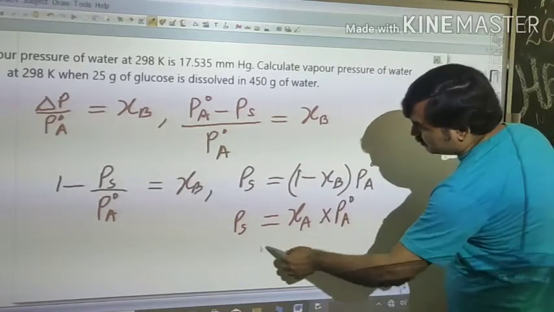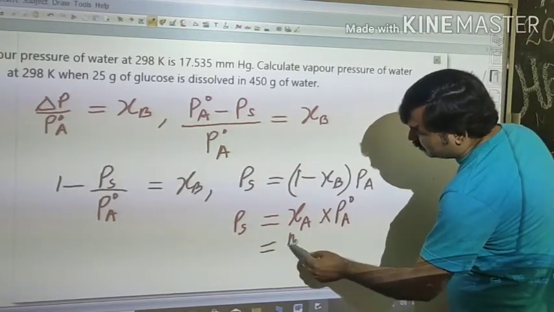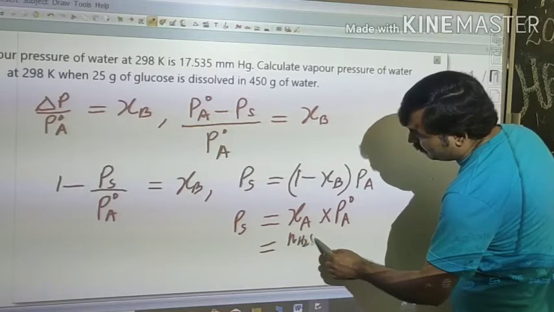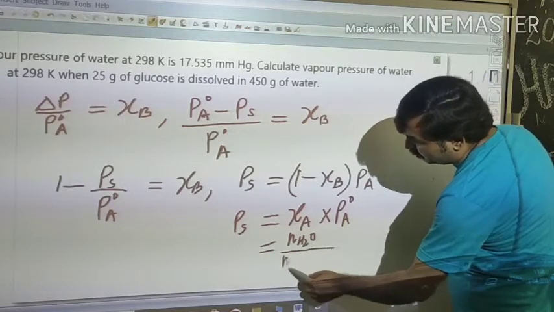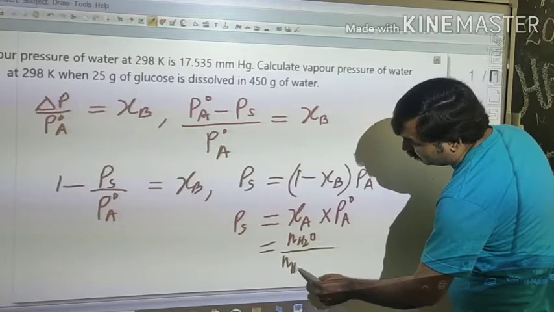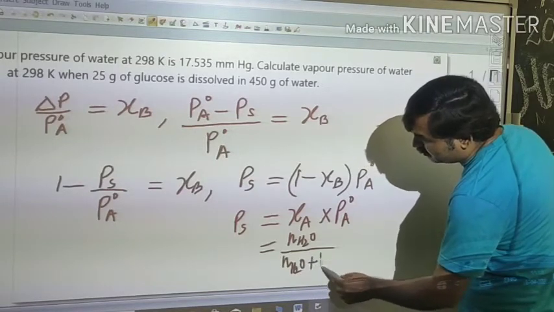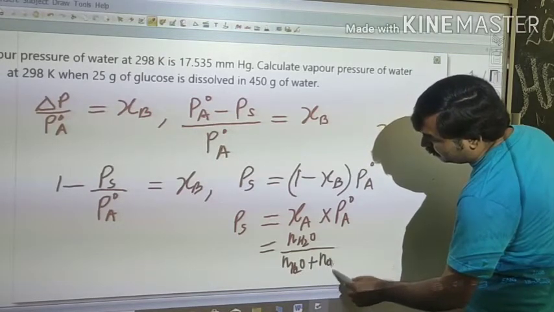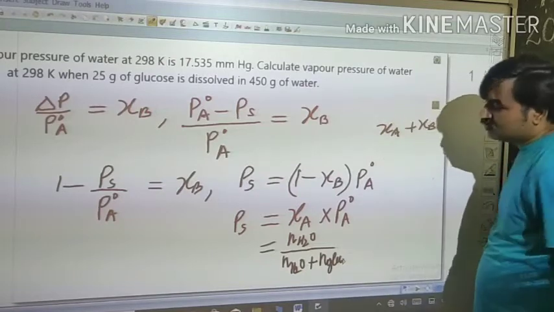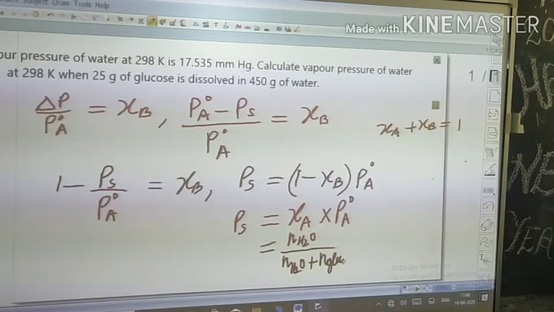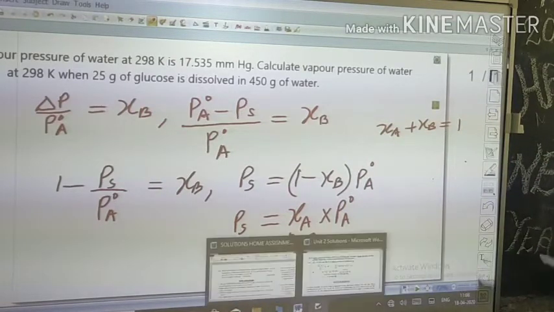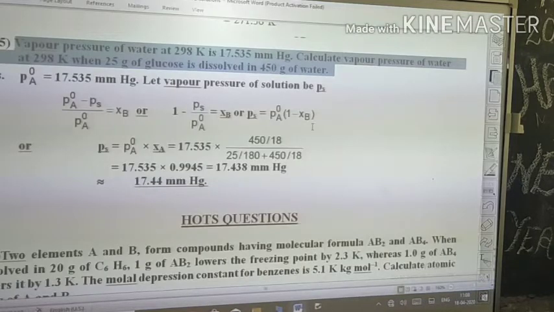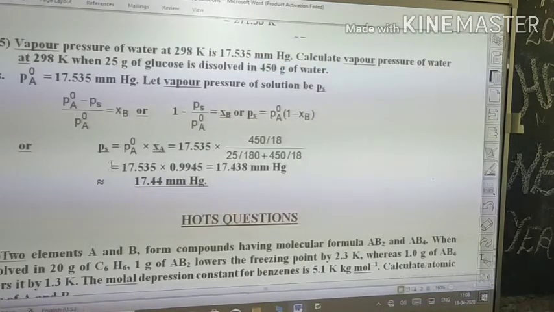So by putting these values, we can find the Ps. It will be equal to moles of water upon moles of water and moles of glucose. So now if we write the formula here and put these values, you can see here Ps is equal to P naught A into X. This is the value of Ps.